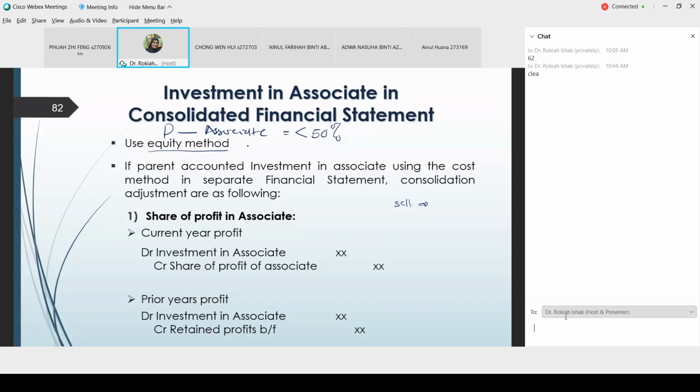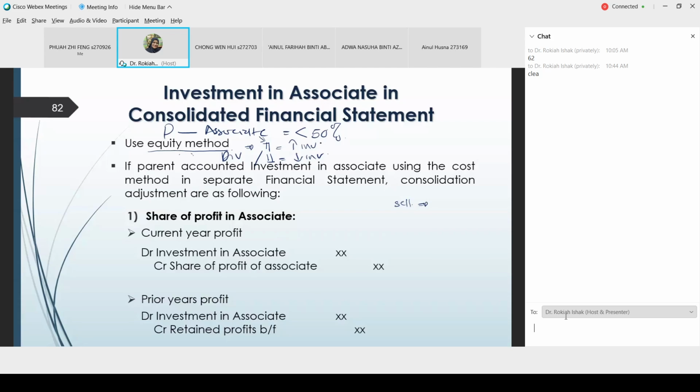Under the equity method, when the associate announces a profit, it's going to increase the investment. If there is a loss, it's going to reduce the investment. And also, a dividend paid by the associate is going to reduce the investment too.